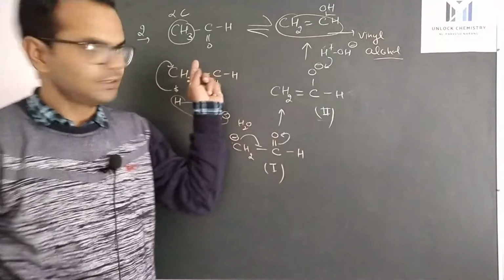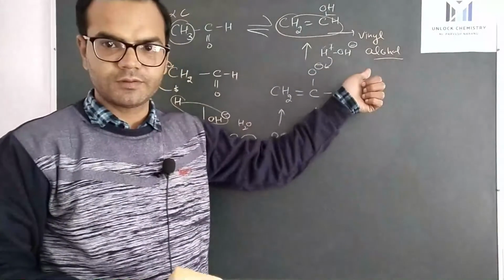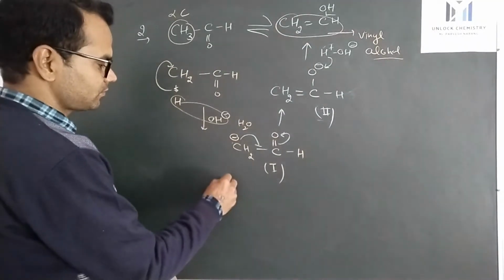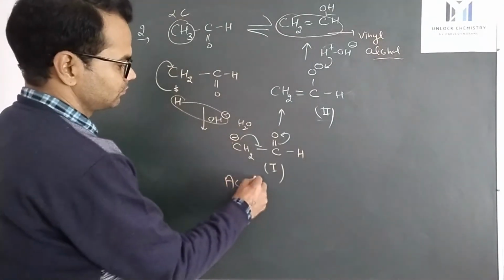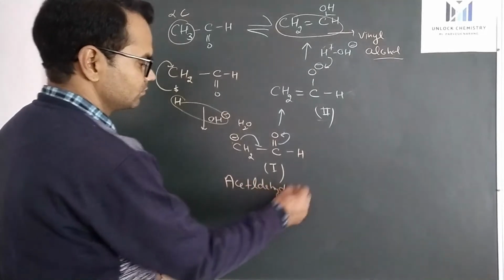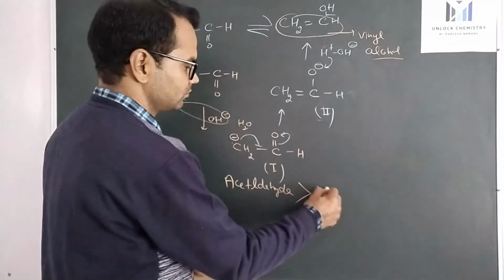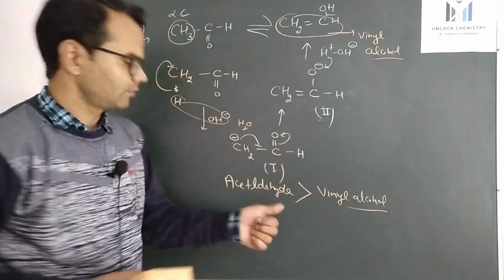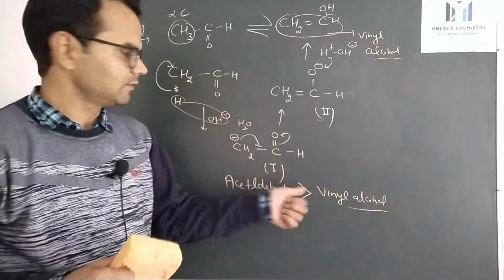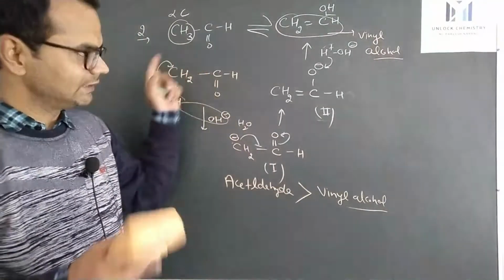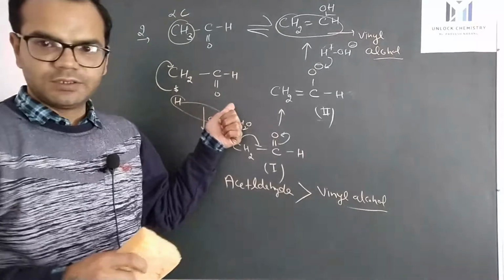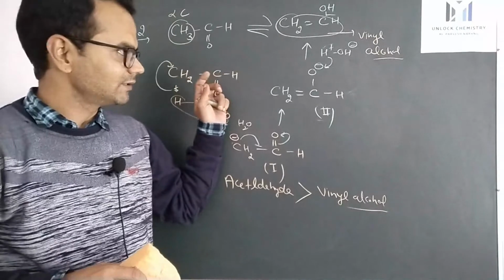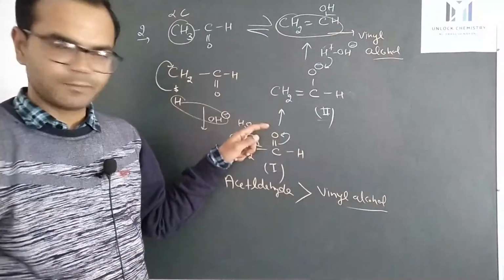So acetaldehyde remains in dynamic equilibrium with vinyl alcohol. Again, if we compare the stability, acetaldehyde will be more stable because it is the keto form. So that is keto-enol isomerism. Now here we have some examples in which enol form is more stable.